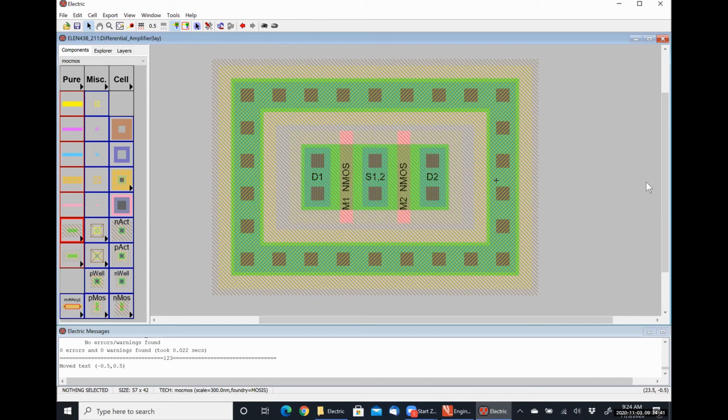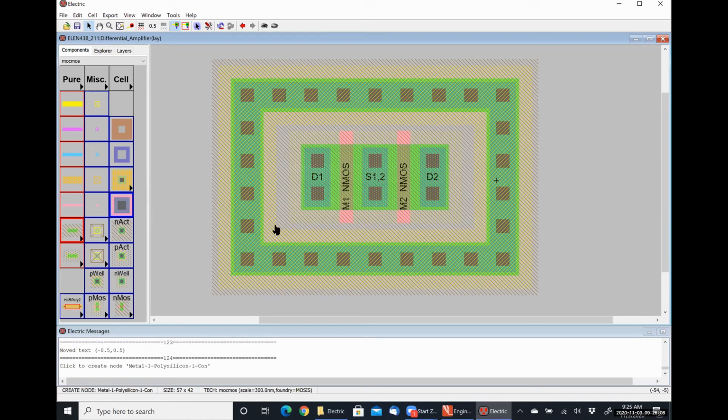So why I'm doing this is because I need to get my signals to and from this, right? Because input signal Vin1 is going to go to this guy, and input signal Vin2 is going to go to this guy, which means I'm going to need to run up to effectively metal 3 at some point. But I'm concerned.